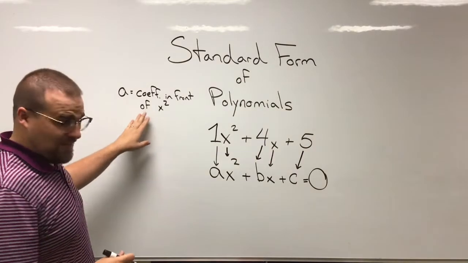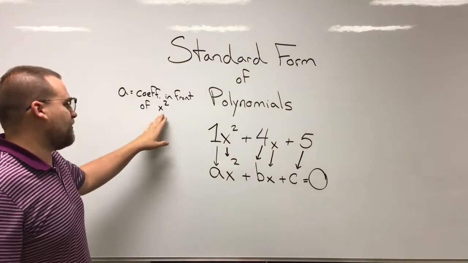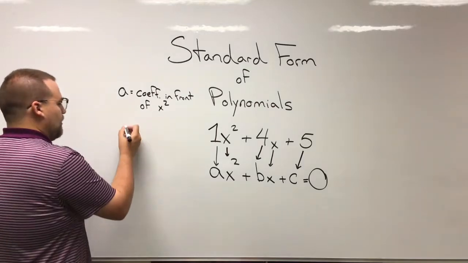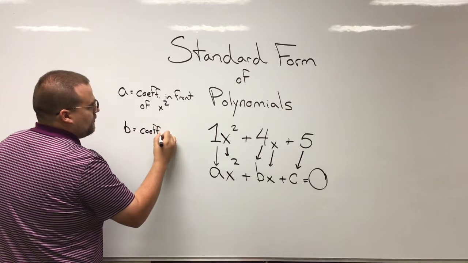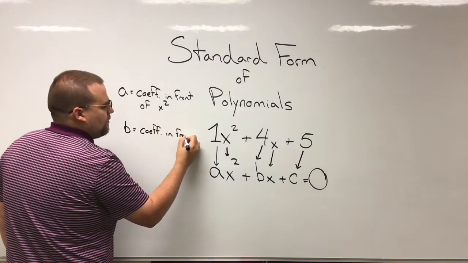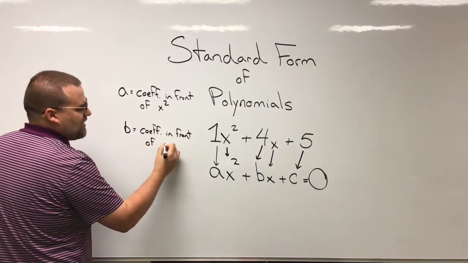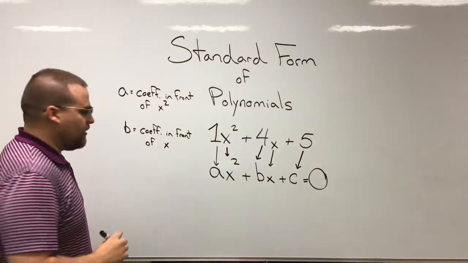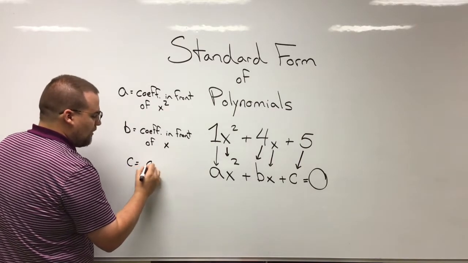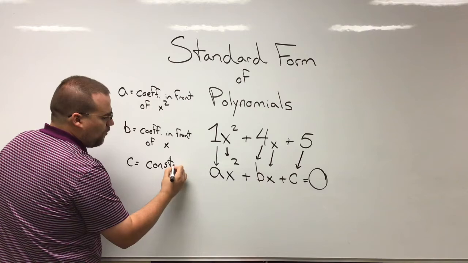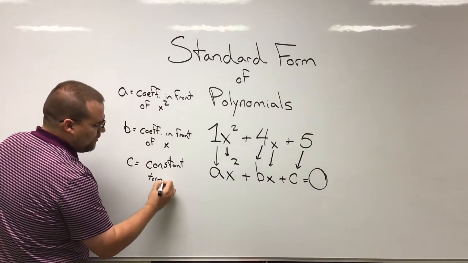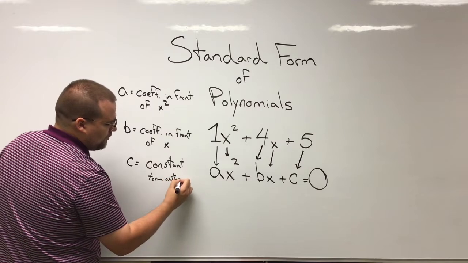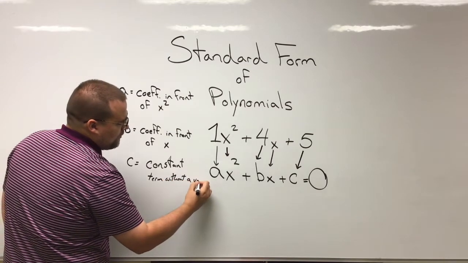But A is the coefficient in front of the x squared term. B is the coefficient in front of the x term. And C is our constant. Or, I'm going to write right below here, our term without a variable.